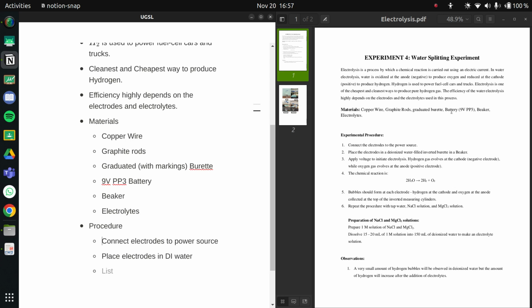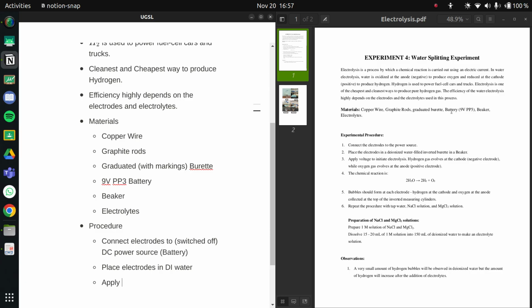Oh, so here this power source is off. Then you switch on, so you apply voltage. And by the way, this is more like a DC power source, so basically like the battery.